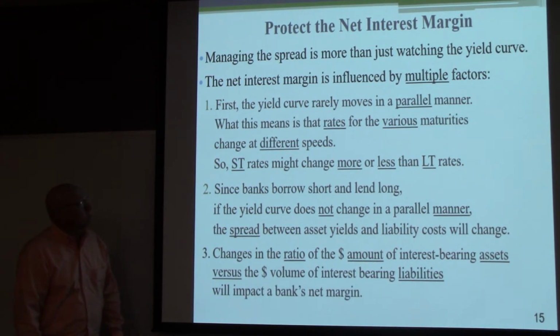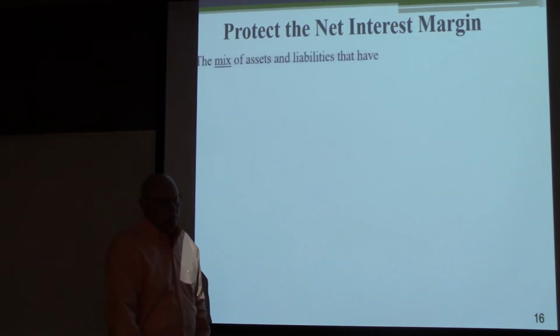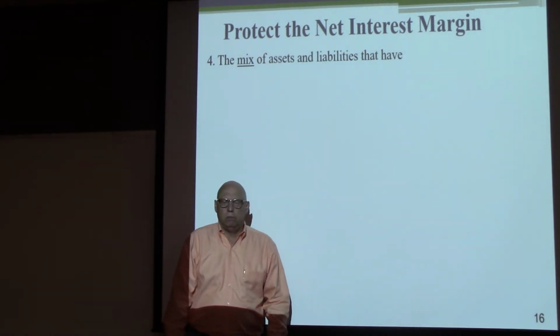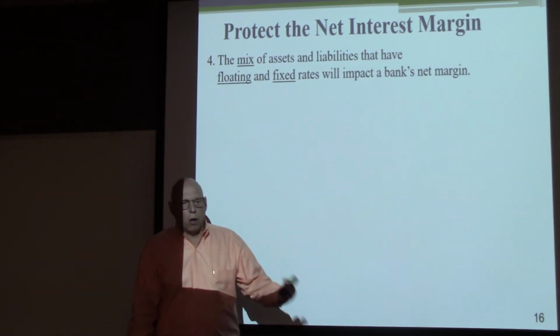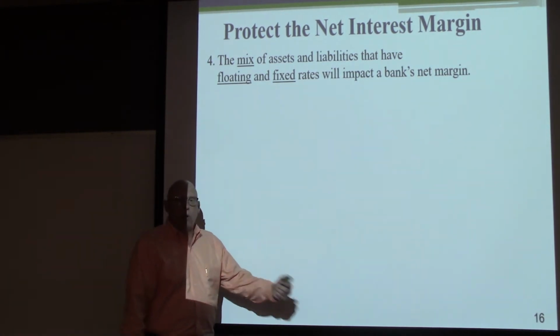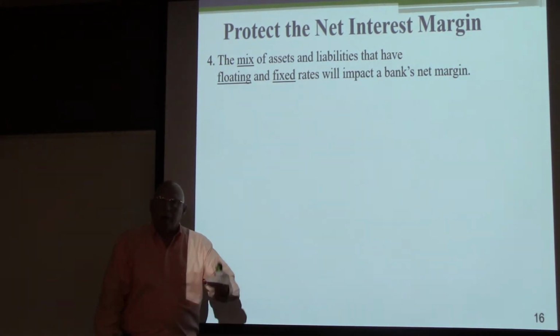All right? Getting a little complicated. This is really interesting stuff, folks. The mix of assets and liabilities that have floating and fixed rates will also impact a bank's net margin. Another complicating factor.